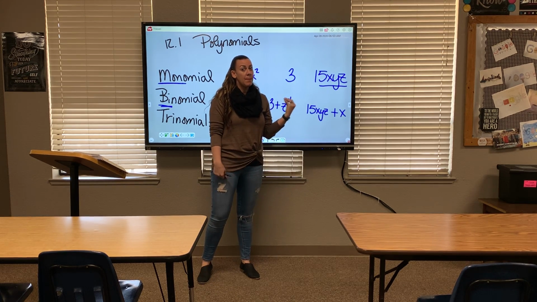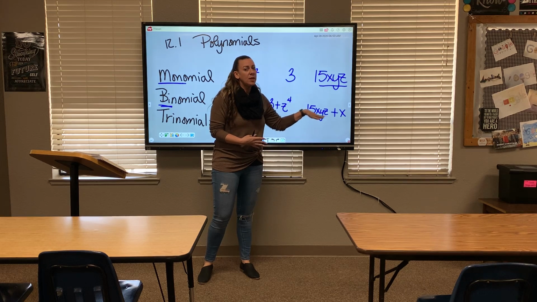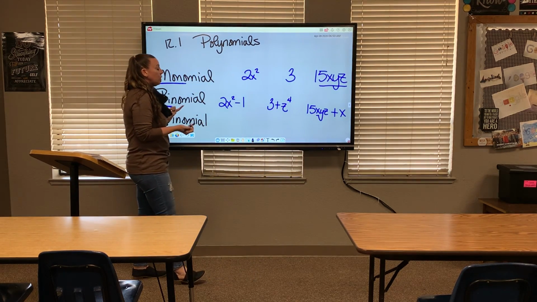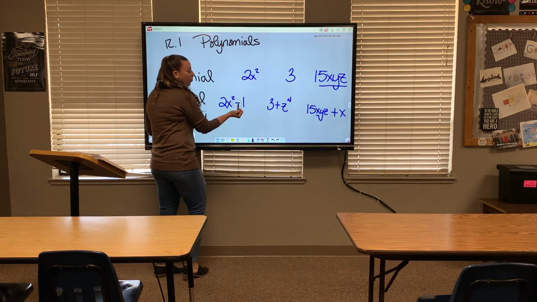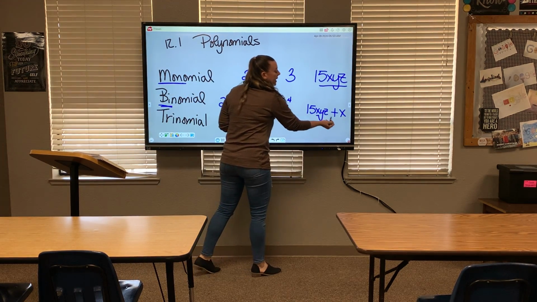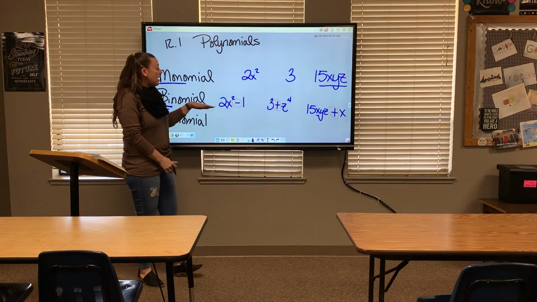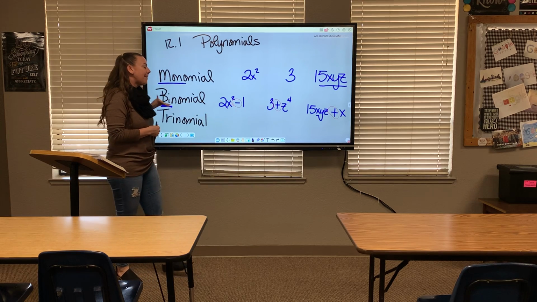They can't be combined. They are what we call unlike terms because this has an xyz, that only has an x. So the clue when you're looking for binomials or multiple terms, you want to look for a plus sign or a minus sign in between the two terms. That's going to separate our terms. So if I have one of those separating 2 specific terms, that makes it a binomial.